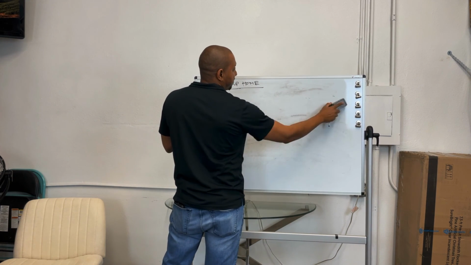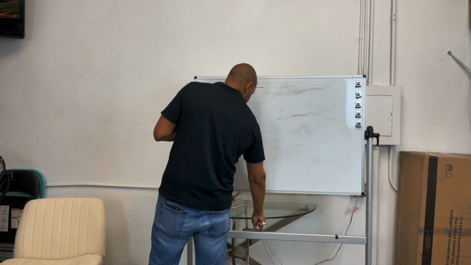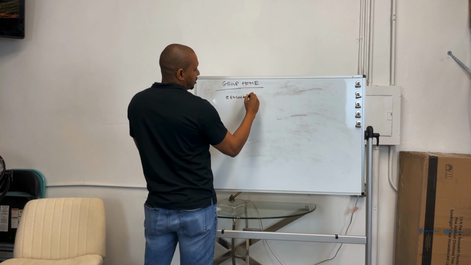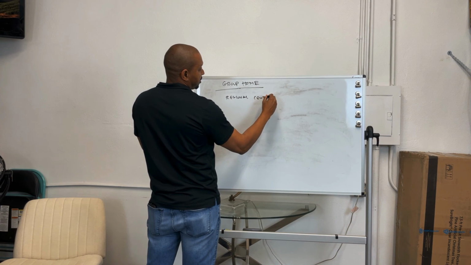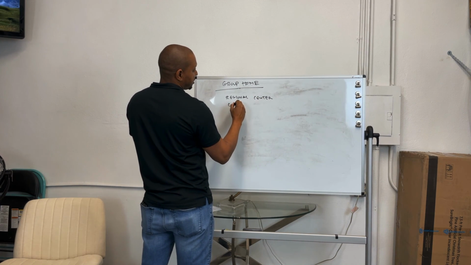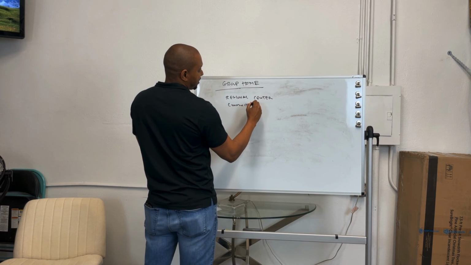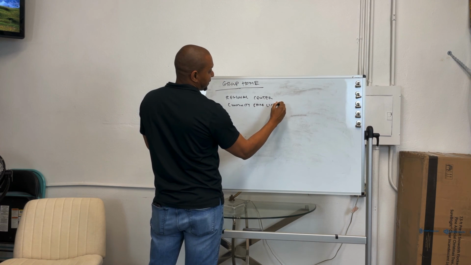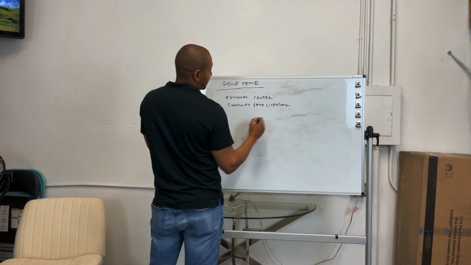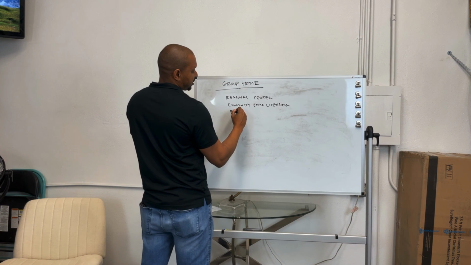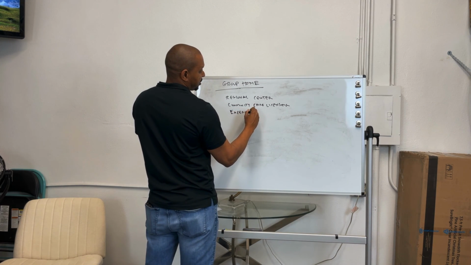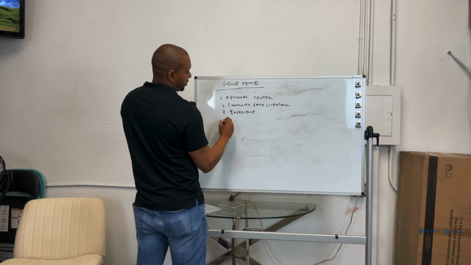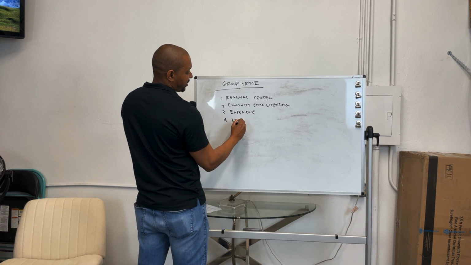So let's just recap, just a quick wrap up. We talked about the regional center. We talked about community care licensing. We talked about experience. We talked about level of care.